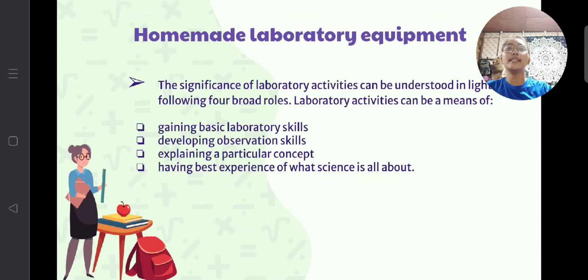So learning science should start with hands-on experiments that the students are familiar with, and not with the abstract definitions of scientific concepts. So low-cost apparatus from locally available materials is assumed to enrich the capacity to observe, explain, and do real science.